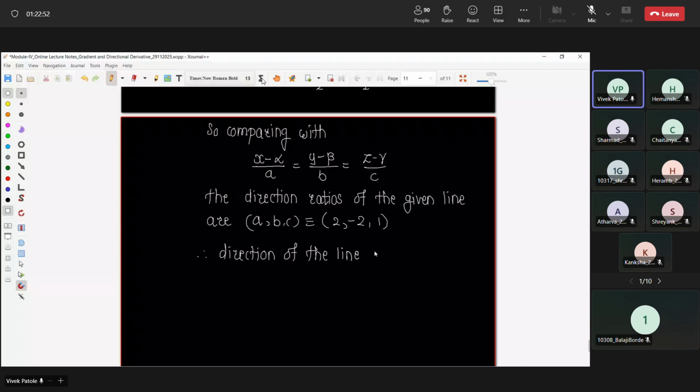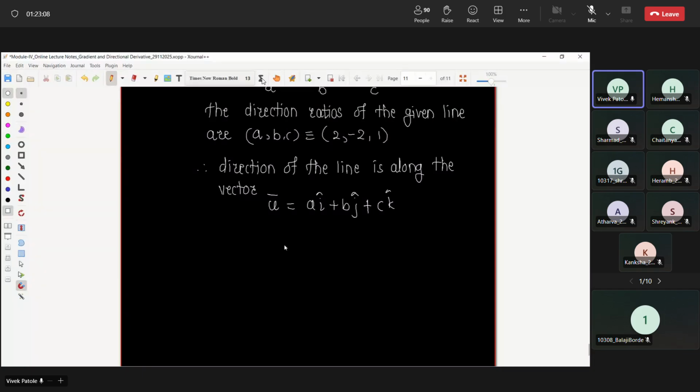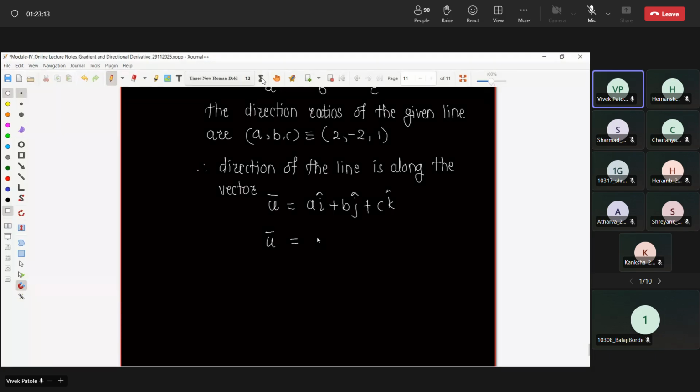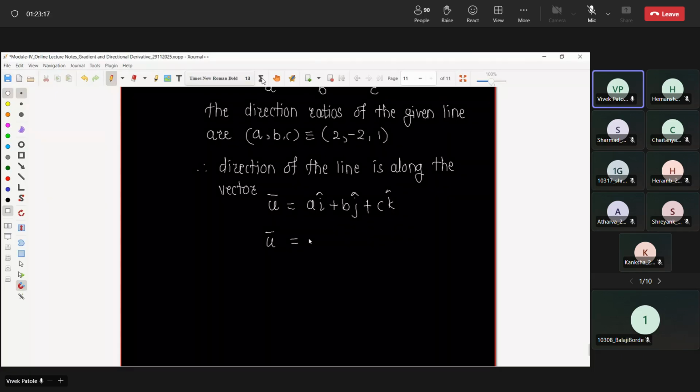is along the vector u bar is equal to a i cap plus b j cap plus c k cap. The direction ratios will give us the direction of the line along that vector.